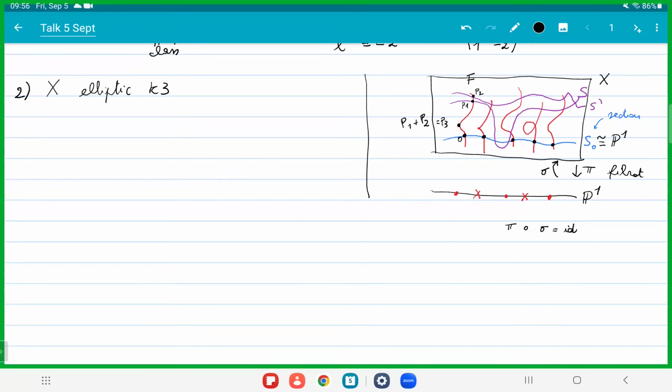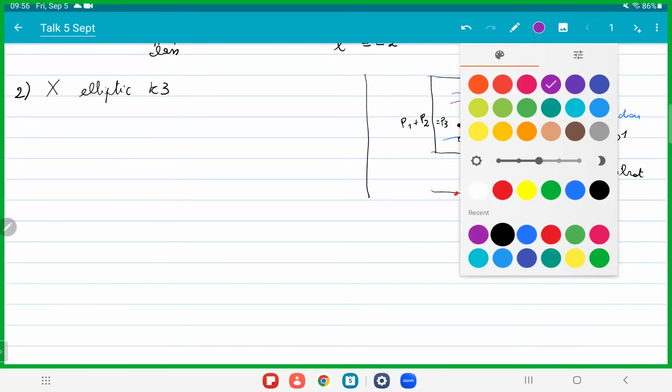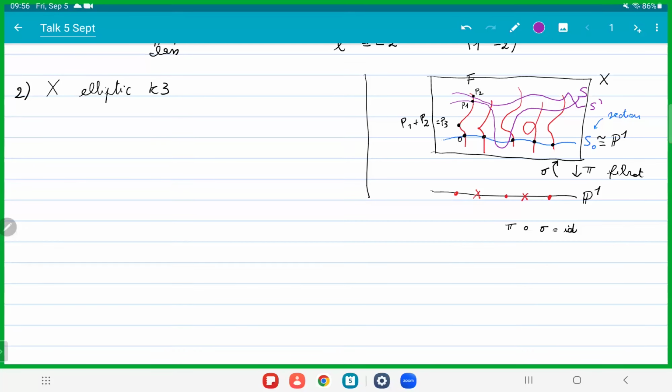And if we do this for all fibers, we can define a group law on the group of sections.